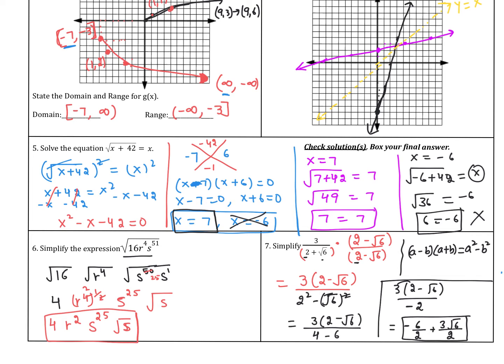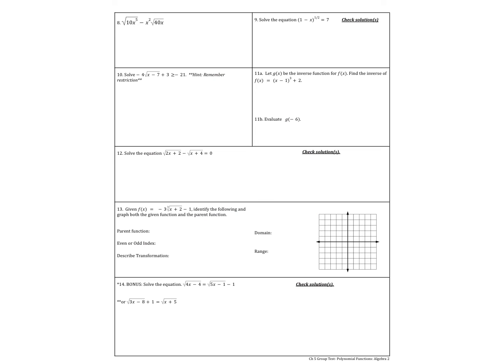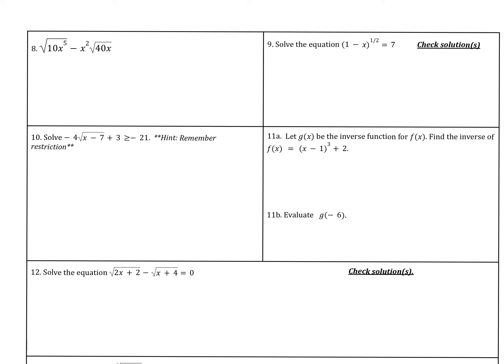So what happens here is that when you divide this by negative 2, 6 divided by negative 2 becomes negative 6 over 2, and this negative, when you take it with the other one, becomes a positive sign in between. That is your answer.